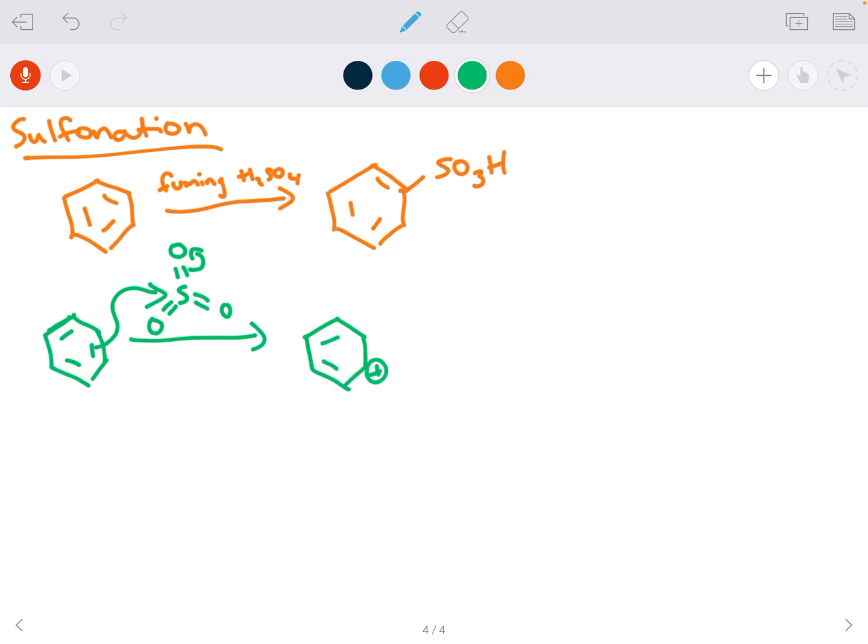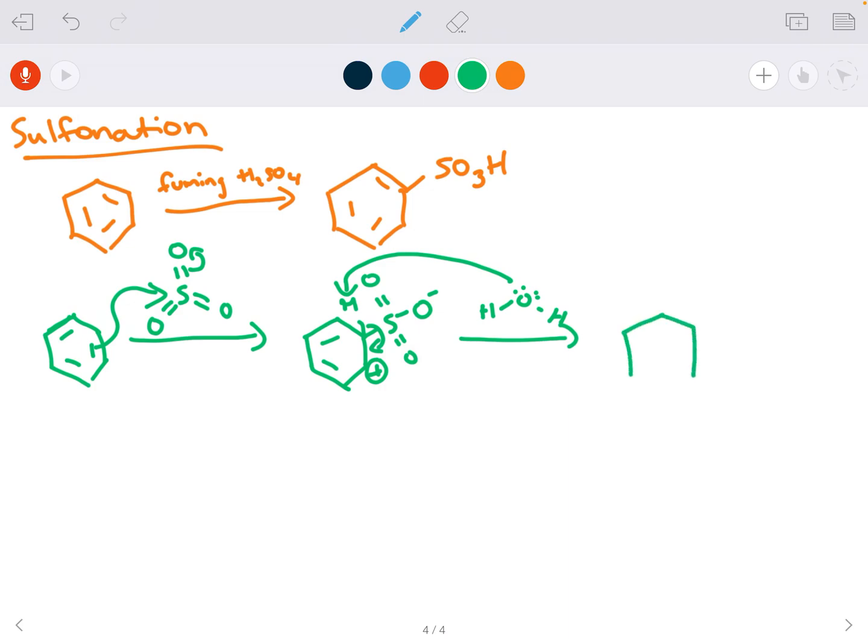Leaving me with carbocation there, and then sulfur compound over here. Water now comes in, because I also have a hydrogen here, right? So water comes in and deprotonates and reforms the double bond.